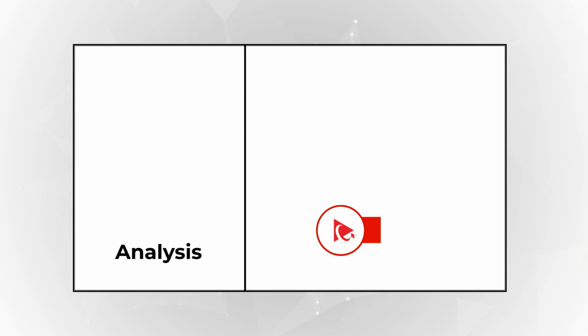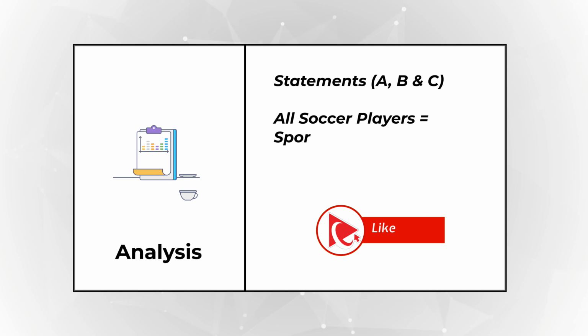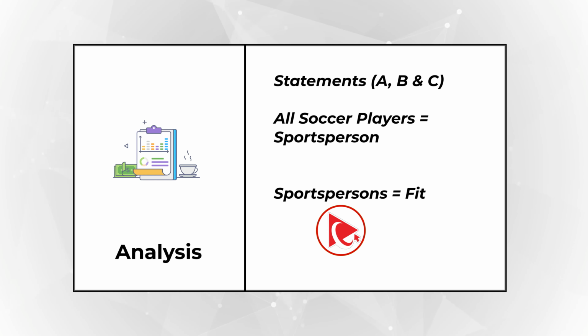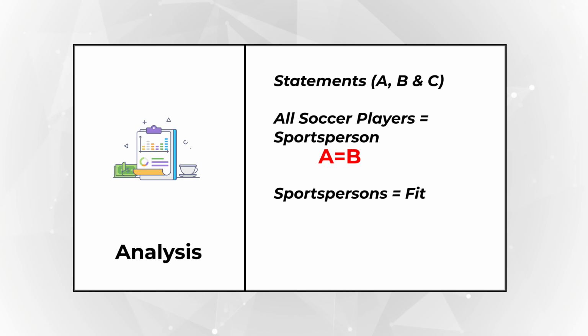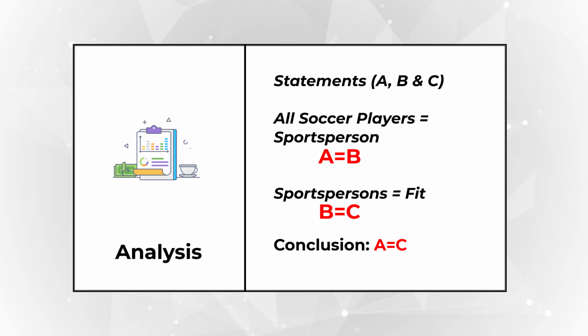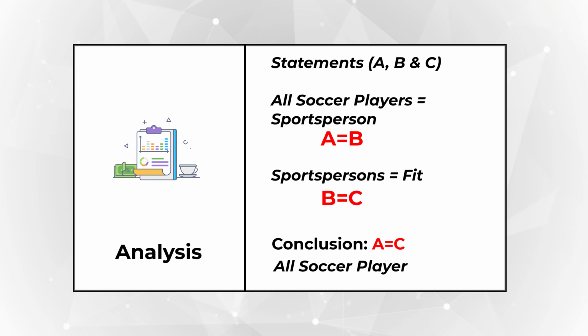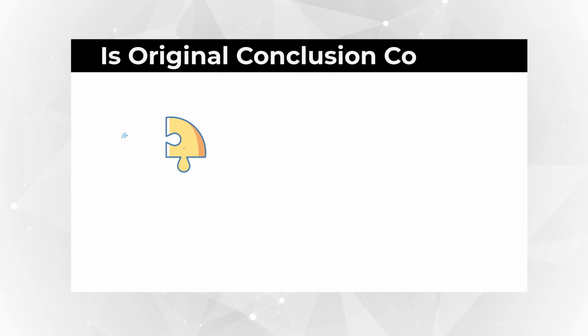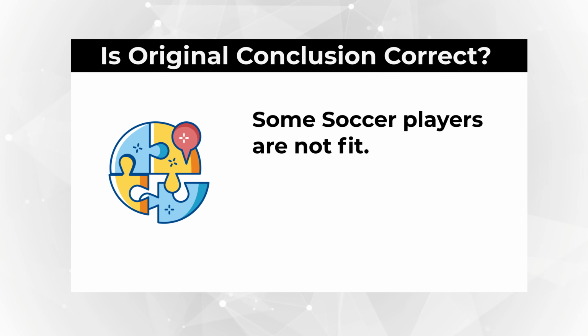We can look at our original statements as A, B, and C. For example, the statement all soccer players are sports persons could be an equivalent of A equals B, and then all sports persons are fit could be B equals C. Based on these 2 statements, we can reasonably say that A equals C, which would mean that all soccer players are fit. Our question, though, asks us if some soccer players are not fit.